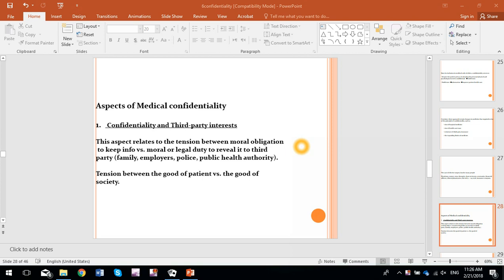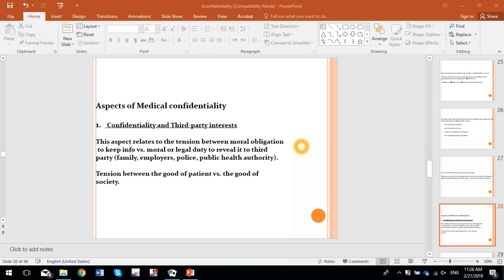And again, there are certain diseases that you need to inform the public health authority about immediately because they need to investigate them. H1N1, SARS, all these diseases, you have to immediately inform the public health authority to investigate the case.